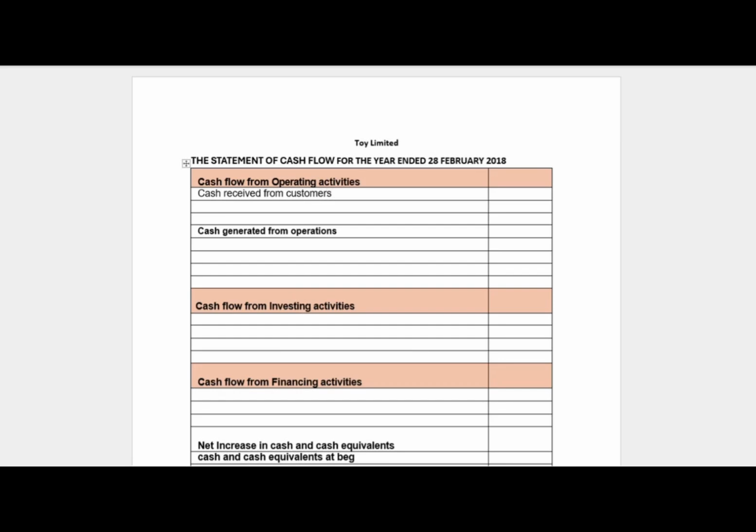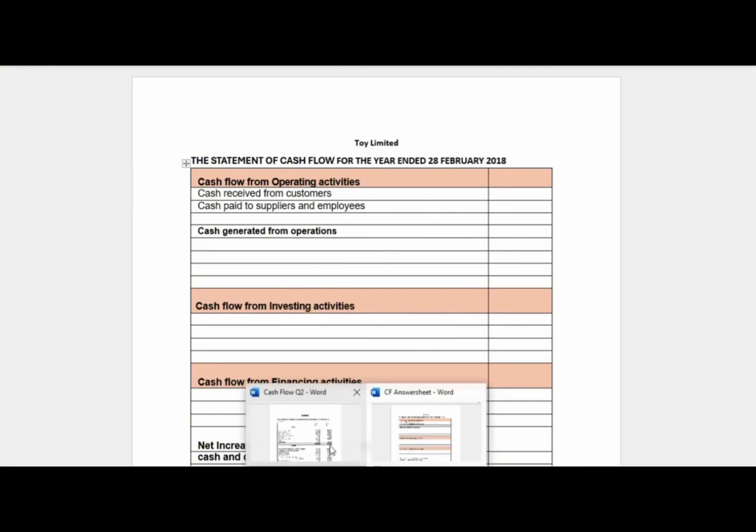And then we're going to have to record cash paid to suppliers and employees. Remember, cash paid to suppliers and employees is provided in the additional information down there.